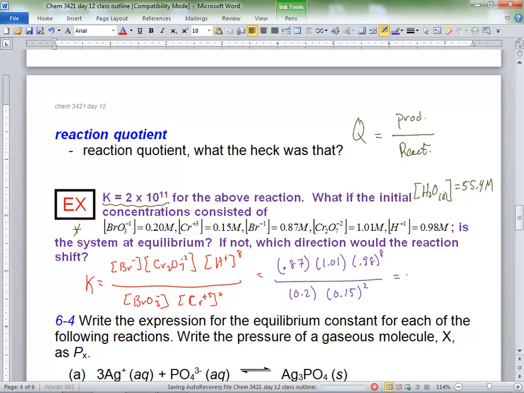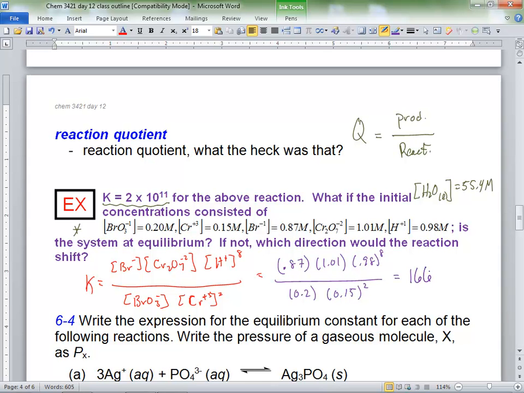Did anybody get an answer for this? 166.1. 166 about? So if it's less... Yeah, that'd be the better question, right? So if you get 166, hopefully you left H2O liquid out, and if it's less, that means what?